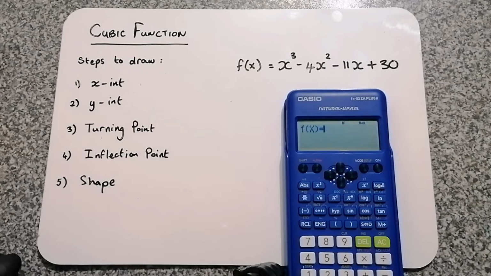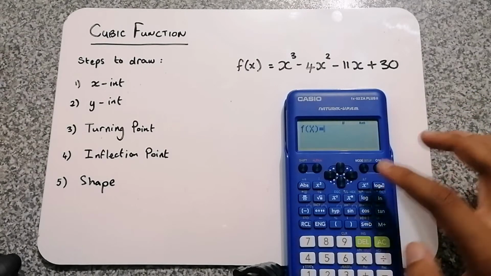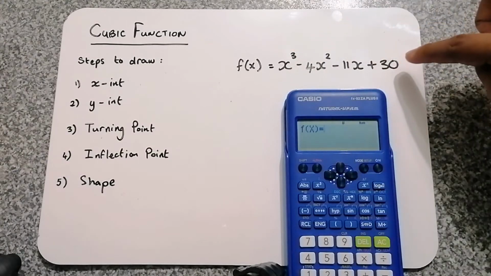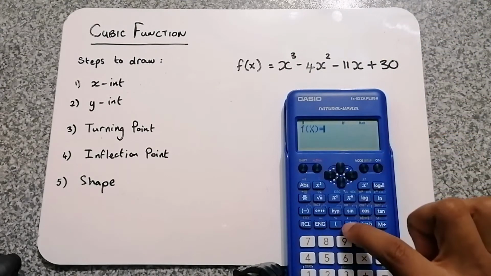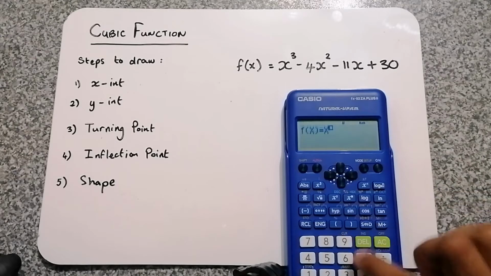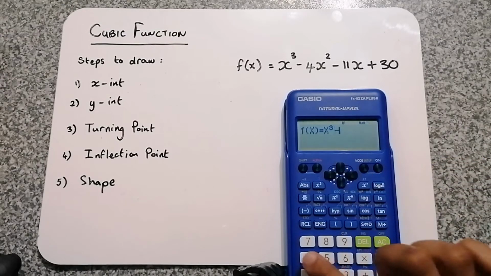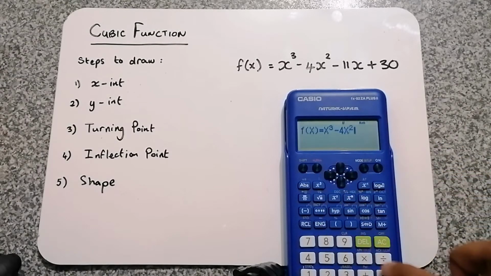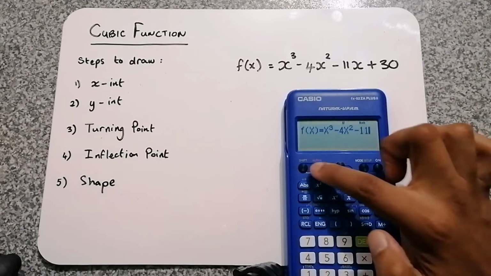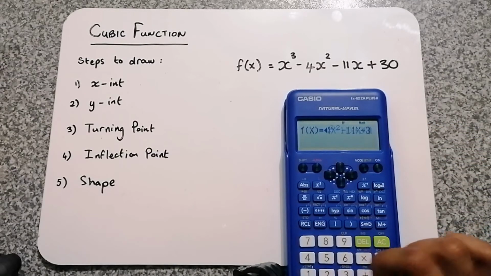I'll press number 3. Okay, so it gives me this f(x) equation, and I'm just going to type in this function that I see over here. So I press alpha, close bracket to get the x, and then to the power of 3 minus 4x squared minus 11x plus 30.